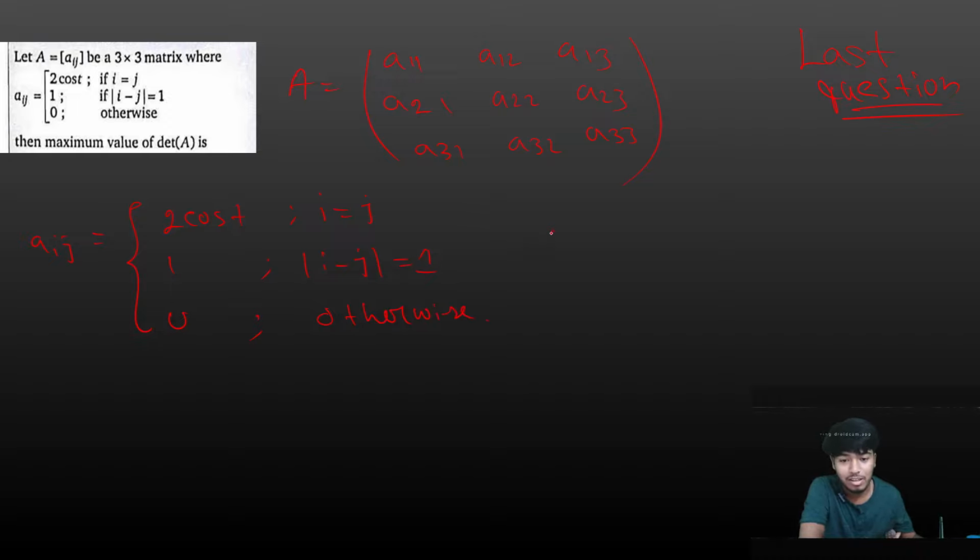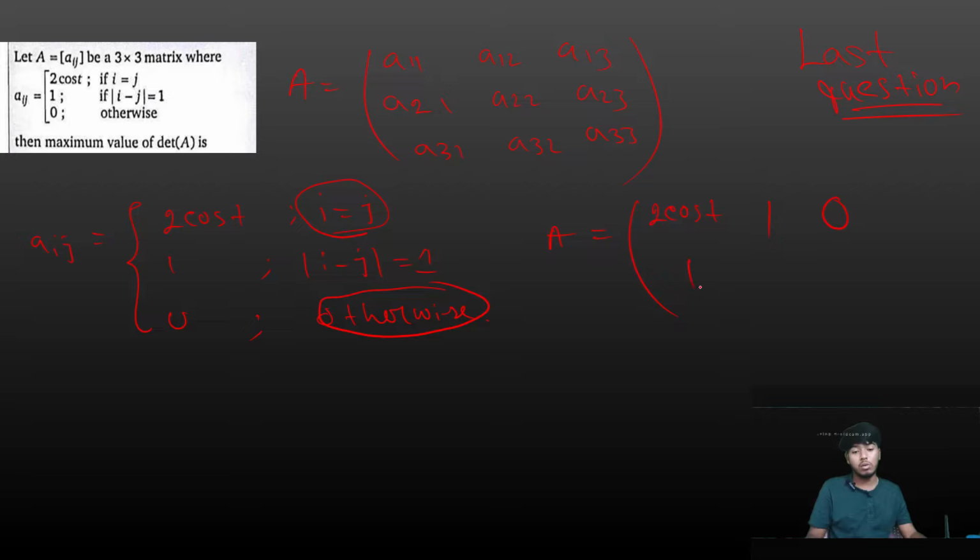So ठीक है, तो A को बना लो अभी हम. ये 1 1 distance is, I mean both are i equals to j, so 2 cos t. 1 2 difference of i and j is 1, that means this gives 1. 1 3 distance is 2, difference is 2, so there is no case, there is a third case, this is other case, so we put it 0.